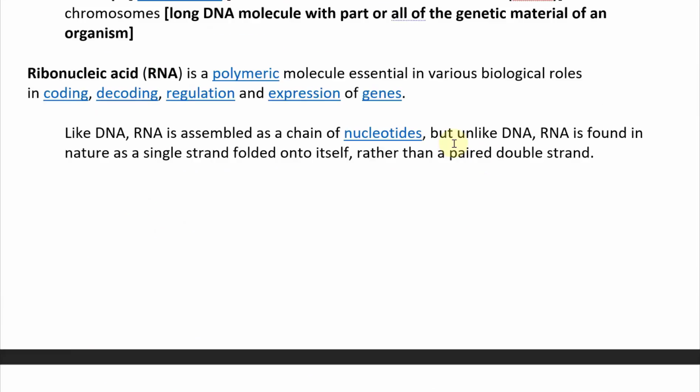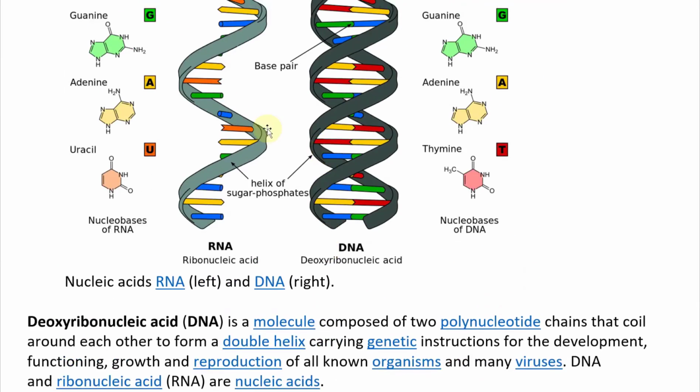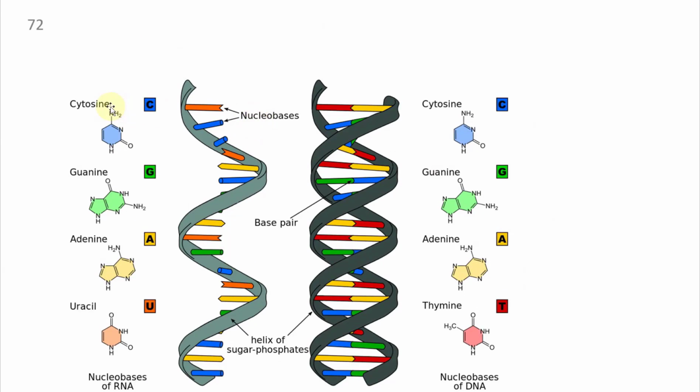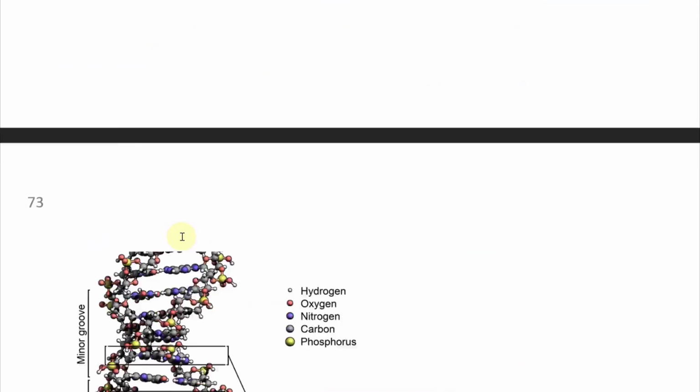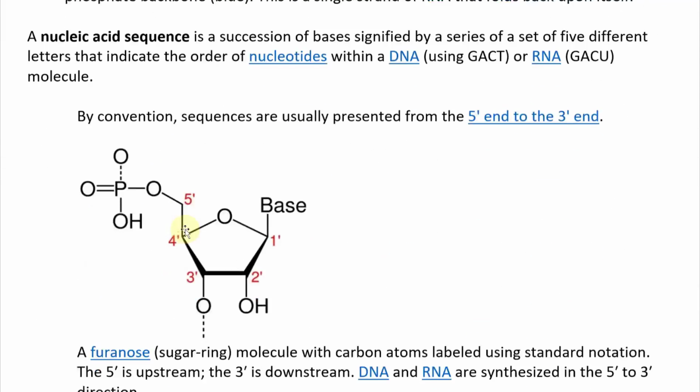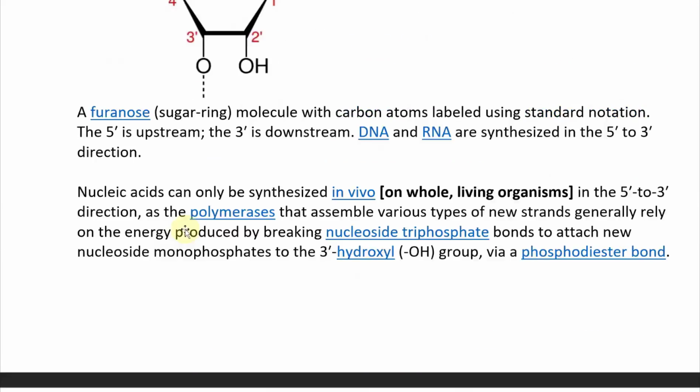Let's scroll up to double check the wording. It takes a while to put this in your brain. So this is the DNA one: cytosine, guanine, adenine, thymine. And for the RNA, it's cytosine, guanine, adenine, and then uracil. Right there, uracil, the U.